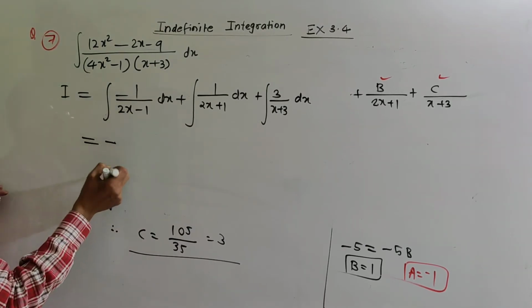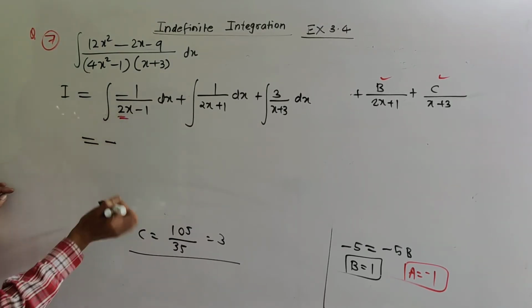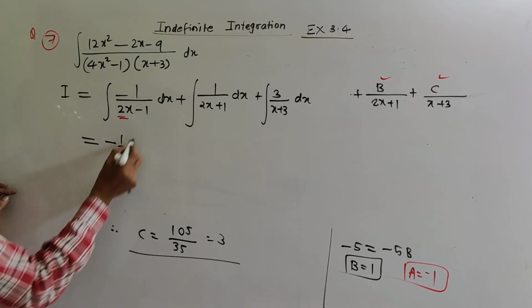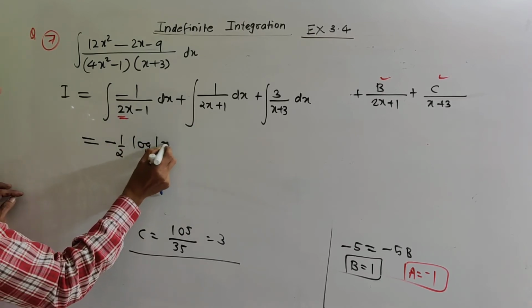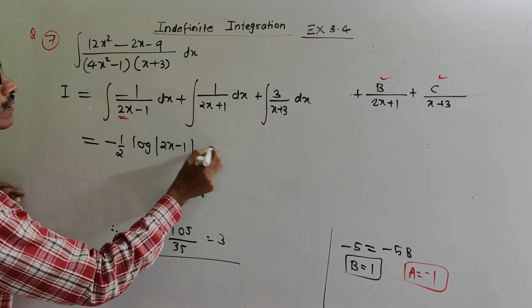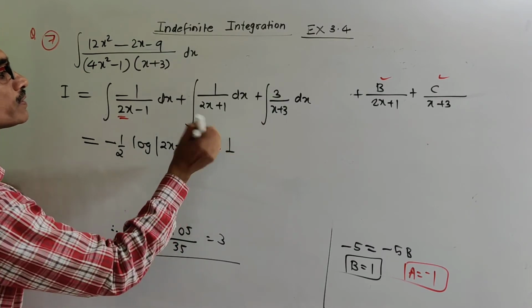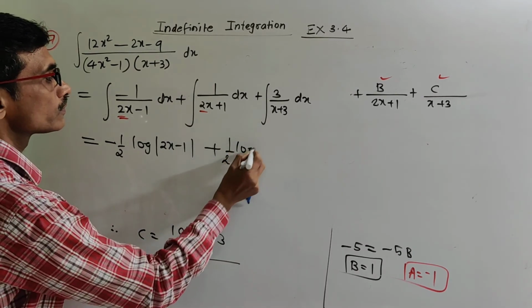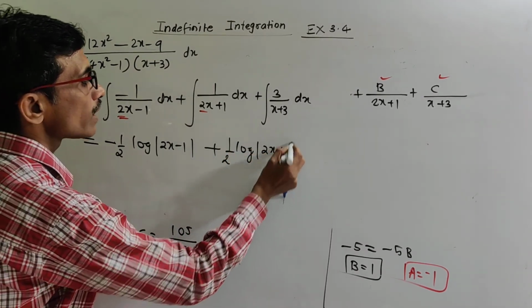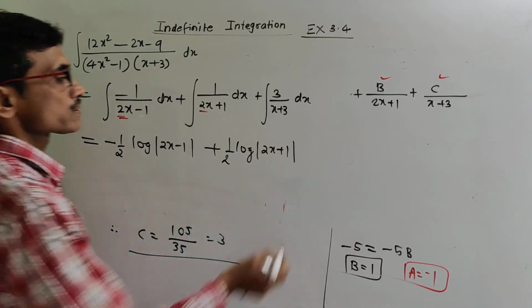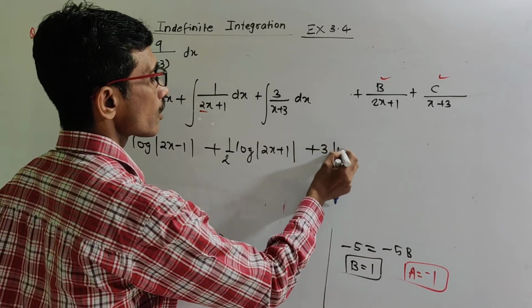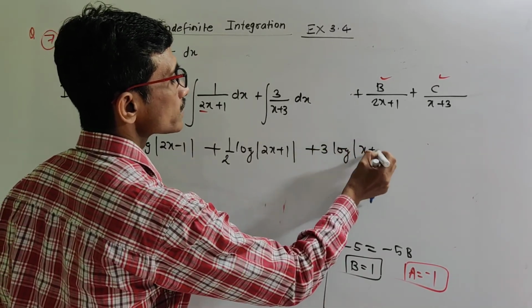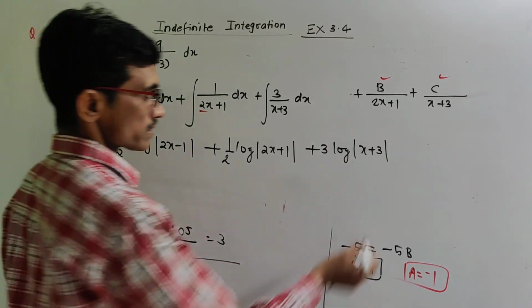Integration of this: minus, and coefficient of x is 2, so first of all write it as 1 by 2 log of 2x minus 1, plus again here coefficient of x is 2, so 1 by 2 into log of 2x plus 1, and plus 3 times log of x plus 3 plus C.